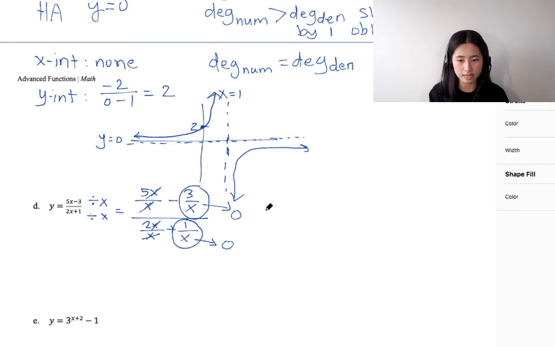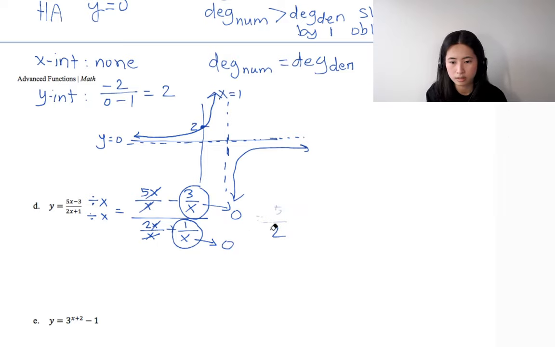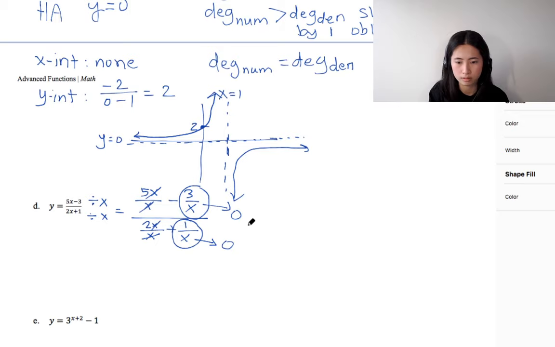In that case, this would be 5 over 2, because this is 5 minus 0, and then it's 2 plus 0, so it's 5 over 2. Once you have that, you can actually start graphing.